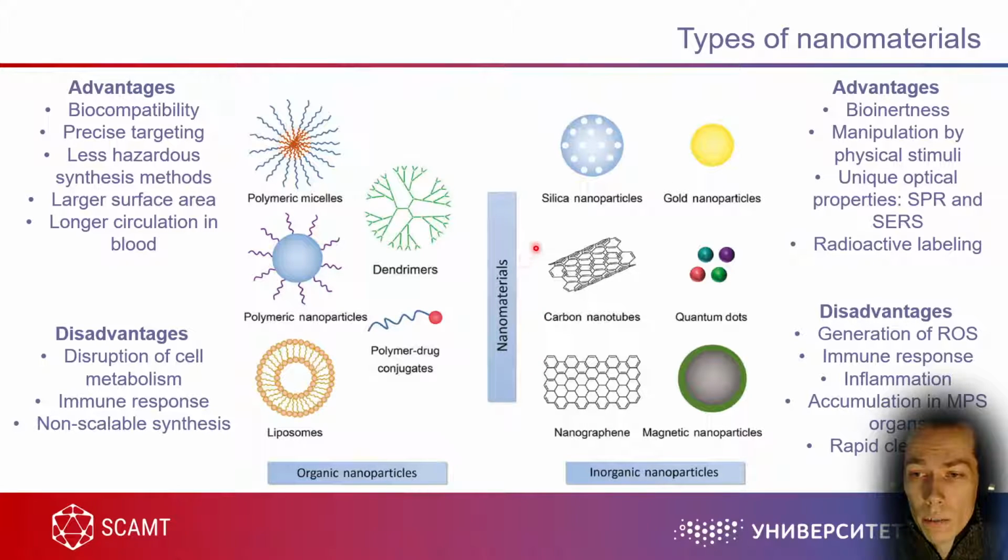But if we're talking about terminology and hybrid particles, as for me, only for me, hybrid particles is something that consists of organic and inorganic parts. So, for example, gold nanoparticles covered in polymeric micelles, in polymeric molecules, can be called hybrid. But for some other scientists, for some other researchers, for example, gold nanoparticles covered in silica shell also can be called hybrid, because it's like a hybrid between gold and silica.